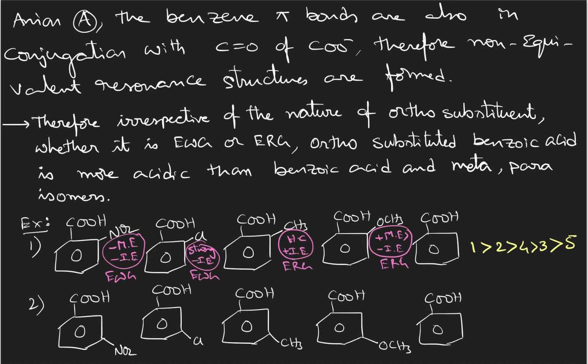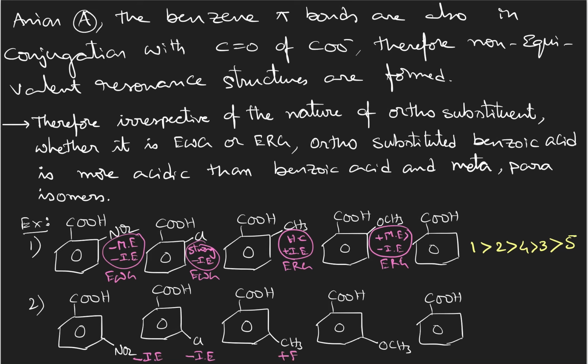Okay. Then coming to the next example. The same groups are now present at meta positions. When they are at meta positions, there will be no mesomeric effect. There is no ortho effect. Only inductive effect has to be observed. This is a negative inductive effect group. This is also negative inductive effect.